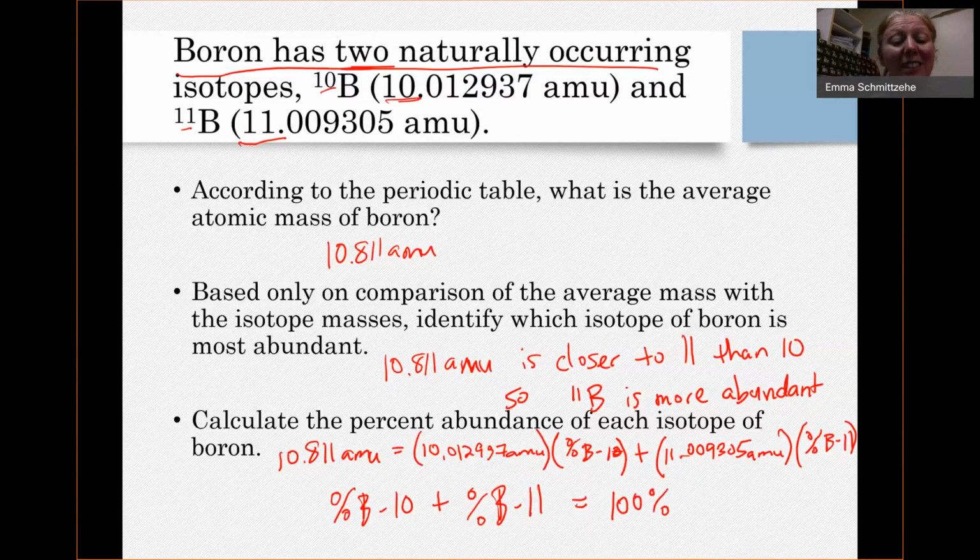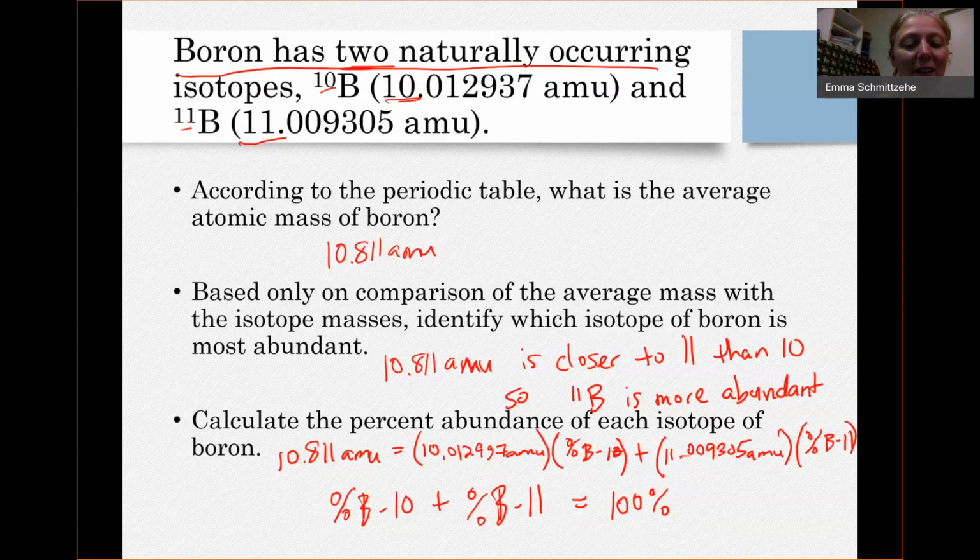Now we have a second equation that relates those two unknowns. So we actually have two equations, two unknowns. Everyone should have done some algebra before, and that's a situation commonly encountered in algebra. You solve one equation for one of those things, plug it into the other equation, and solve for what's left. I'm not going to go through all of that algebra. That's something you can sit down and do if you want to test your algebra skills, because you need pretty good algebra skills in chemistry.